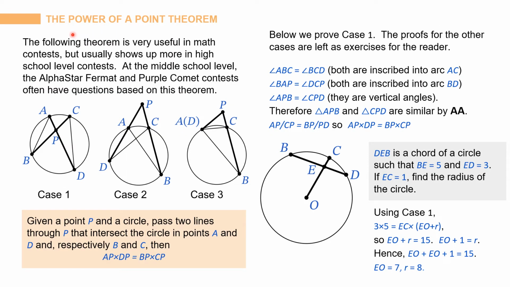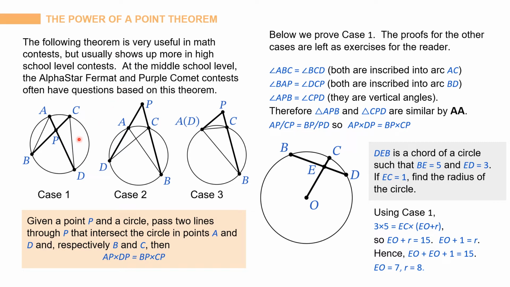So now let's talk about the power of a point theorem. This theorem is very useful in math contests, but usually shows up more in high school level contests. At the middle school level, the AlphaStar Fermat and the Purple Comet contests often have questions based on this theorem.